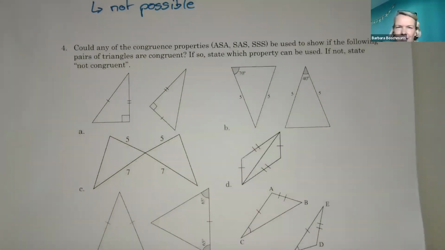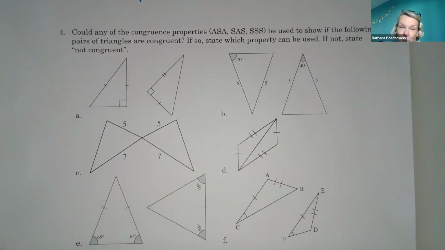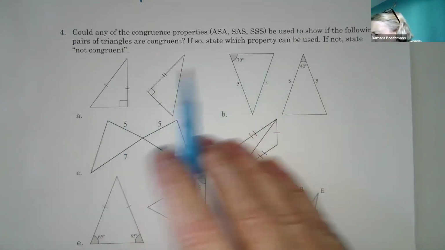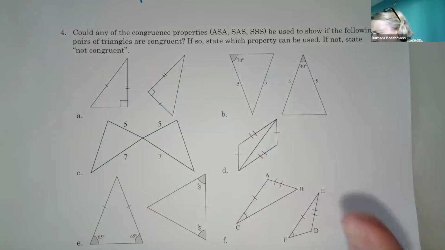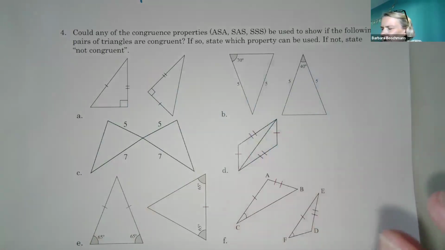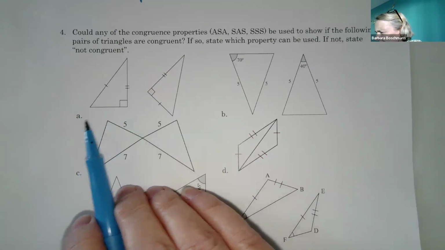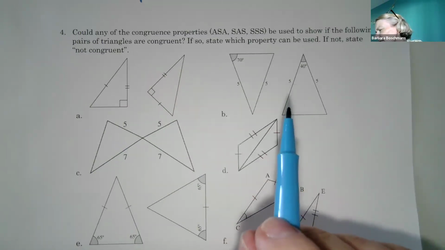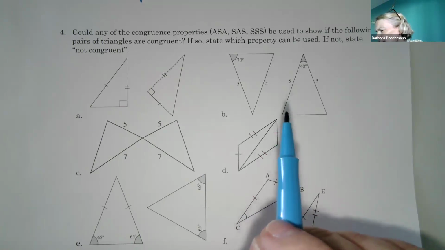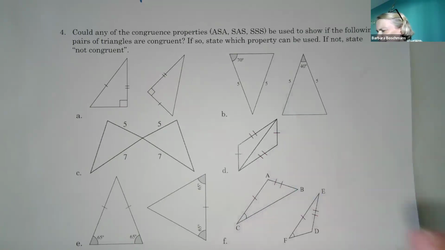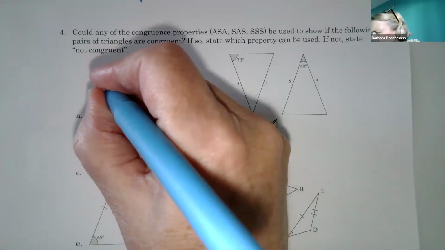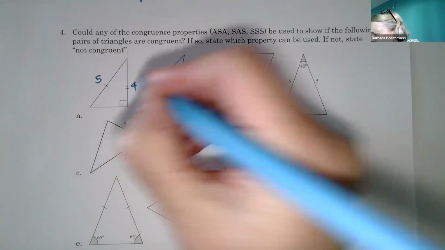Okay, number 4. These look very typical, traditional congruence problems. You want to figure out if you can conclude if these triangles are congruent or not. In A, you have this right triangle. In a right triangle, the hypotenuse is the longest side. Let me put some numbers on here. I'm making this up, but 5, and this one would be 4.